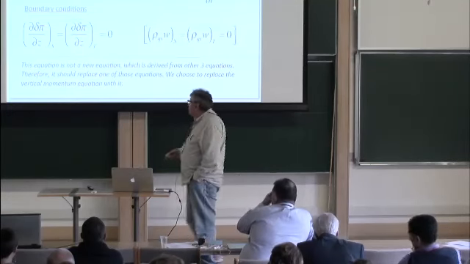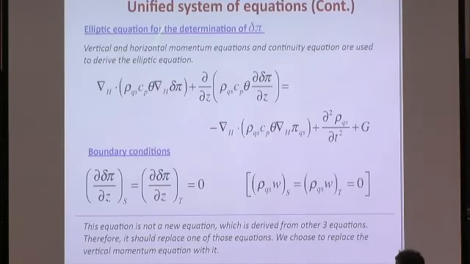That equation is obtained from three of the equations from the previous transparencies, which are the vertical and horizontal momentum equations and the continuity equation. What this does is it puts all these non-hydrostatic Exner terms on the left-hand side, and on the right-hand side it puts the terms that are basically quasi-hydrostatic and velocity.